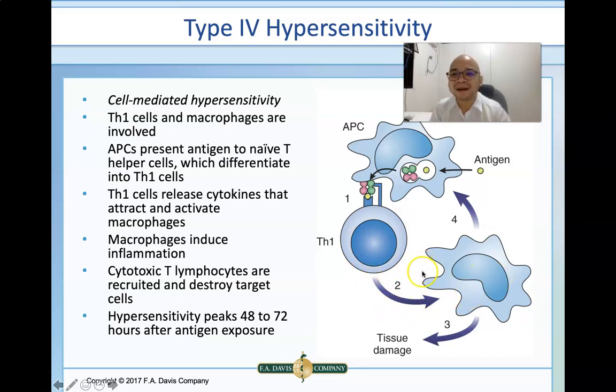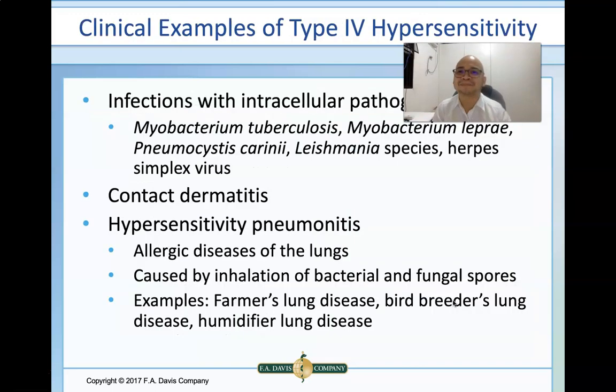And macrophage is the one that will induce the inflammation. As inflammation is induced, cytotoxic T lymphocytes are recruited and eventually will destroy target cells. However, since it will take between 24 to 72 hours before there is a physical manifestation of hypersensitivity, this particular type of hypersensitivity reaction is called the delayed type.